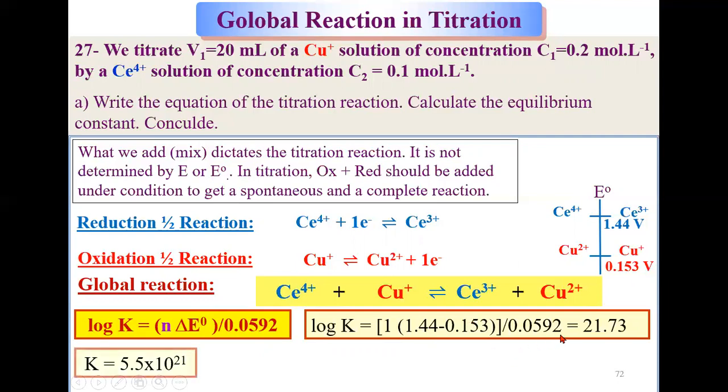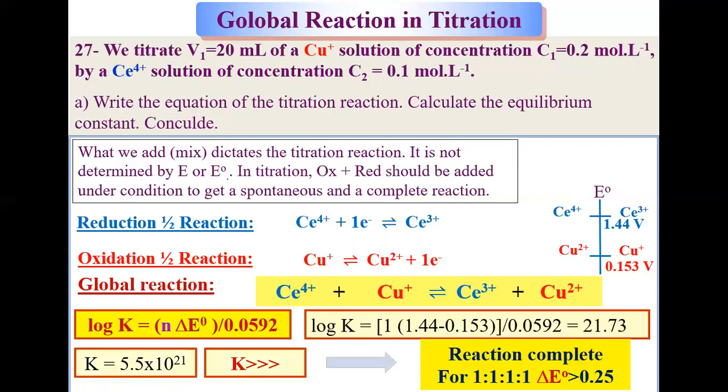Get the K, and you notice that this K is fairly high, and thus the reaction is complete. And because it's a 1:1:1, this is definitely greater than 10 to the 6, and it is a complete reaction. We could also conclude that since the delta E naught is greater than 0.25, which if you calculate it, it is, in a 1-to-1, we can get a complete reaction.